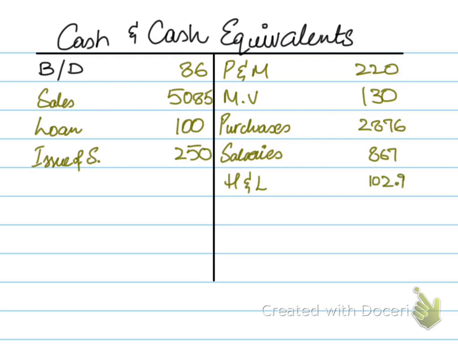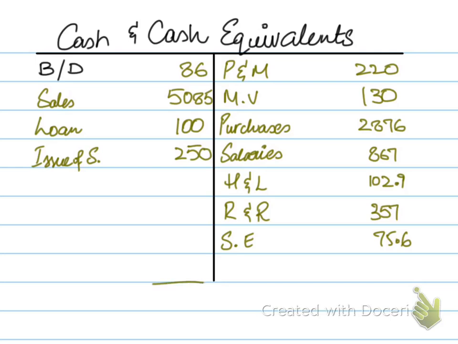And then rent and rates after the 5% increase, 357. And then the sundry expenses. So sundry expenses, this will be 75.6. So these are all the expenses and everything that I can think of.